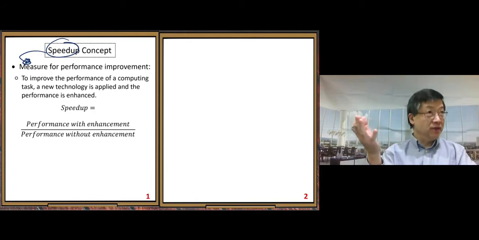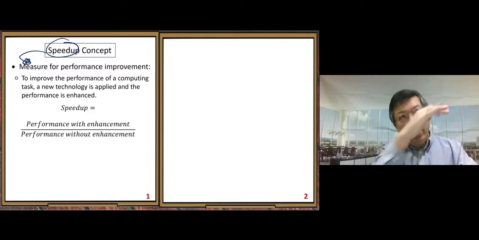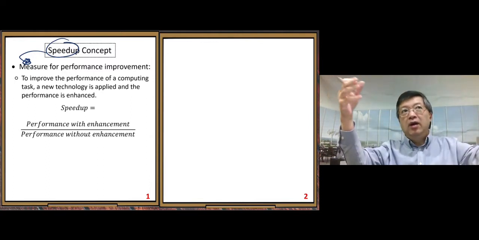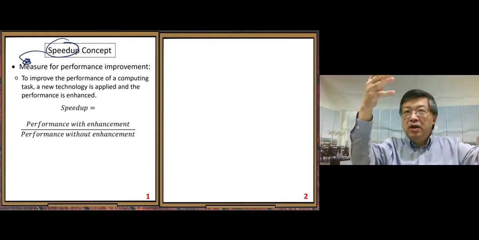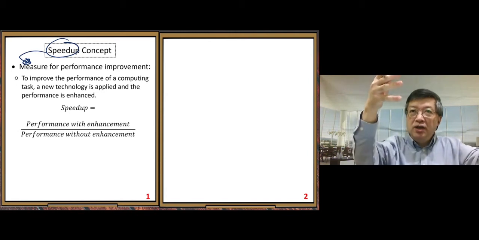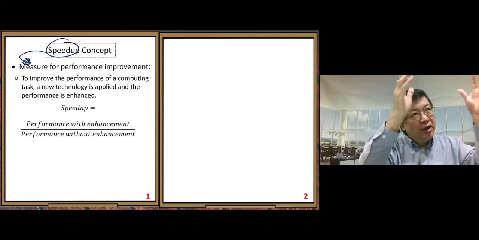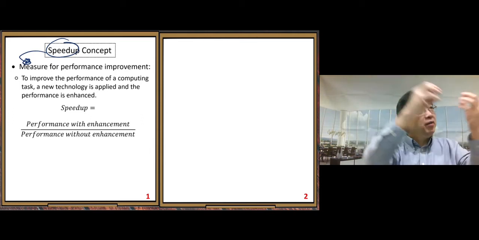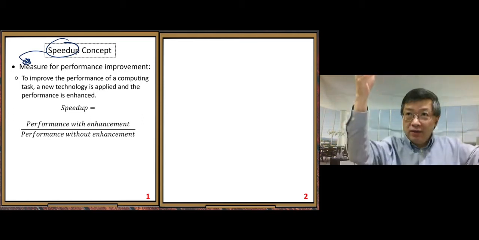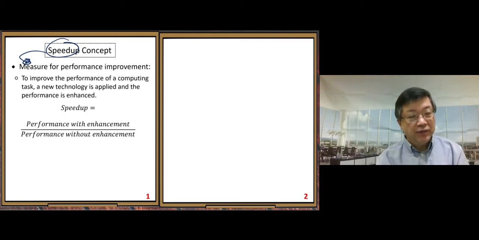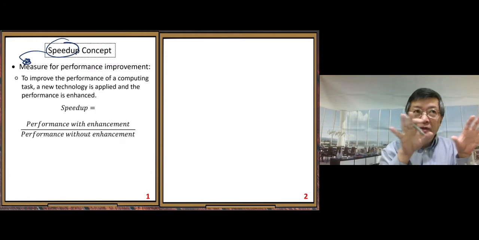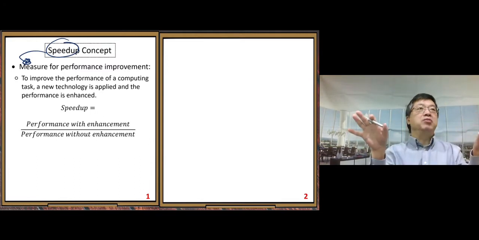So that's natural. Performance with enhancement, that should be a relatively larger number, right? Because with new technology enhancement, the performance number should be bigger. Bigger means faster, right? When we define performance measure, over a smaller number, performance number without enhancement.